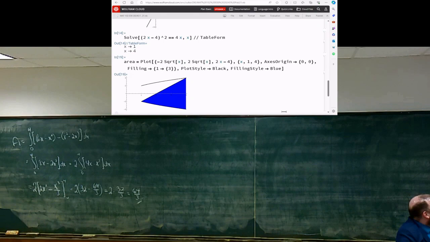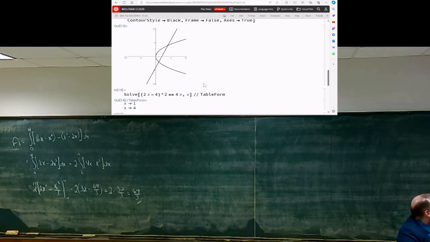Now run it. All right. So as you can see, something is terribly wrong here. Yes, our points of intersection are 1 and 4, but is that our interval for the region? No. It's what?